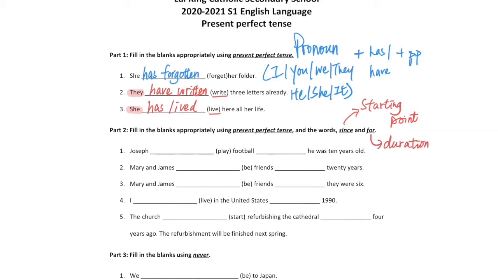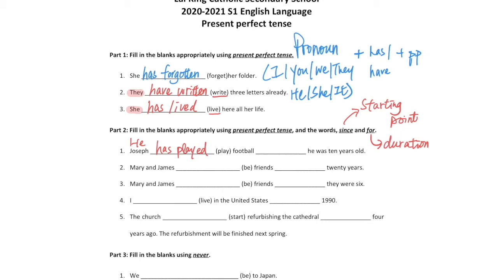For question 1, Joseph, so Joseph is a he, so we use has. Joseph has played football. So now we need to decide if we are using since or for. Joseph has played football, blank, he was 10 years old.